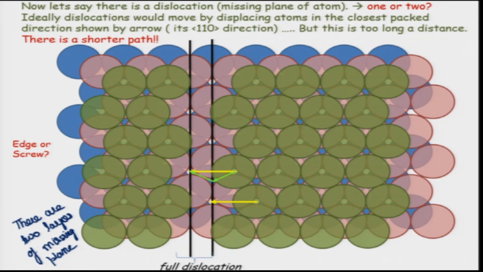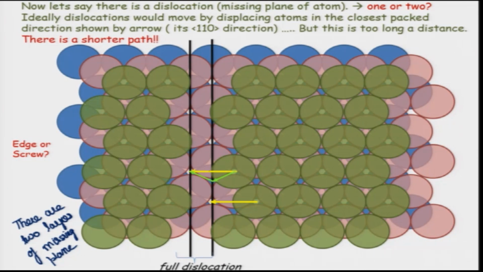Now, let us come to another aspect, which is the partial dislocation. Here you see this dislocation, this is what the Burgers vector is, and the atoms would like to move from here to here, and then it will have moved one atomic plane, which is how dislocations glide.